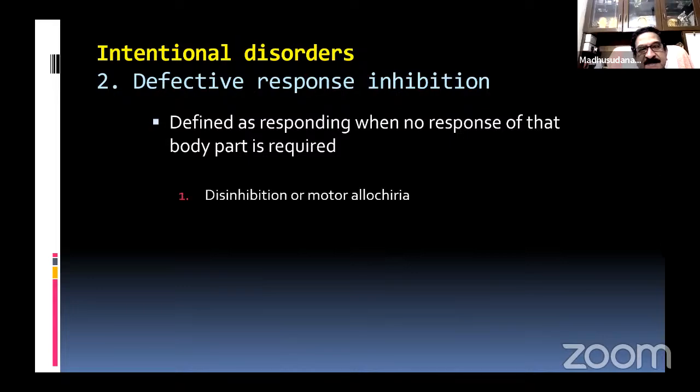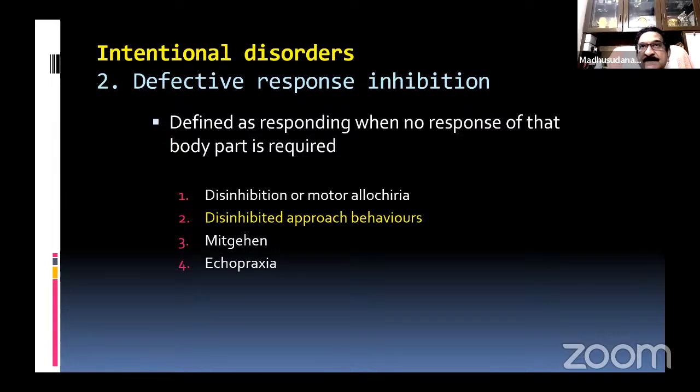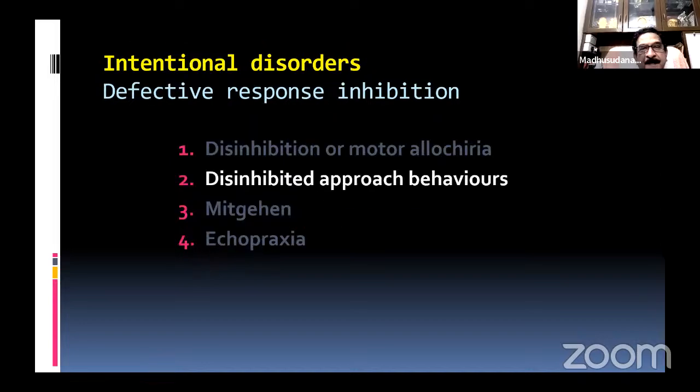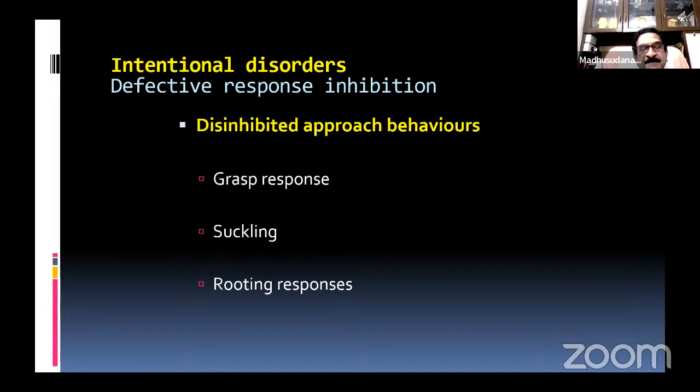There are various types: disinhibited approach behaviors, Mitgehen, echopraxia. What we observed here is an example of a disinhibited approach behavior. A classical example is the grasp response; suckling and rooting responses are also classical examples of disinhibited approach behavior.